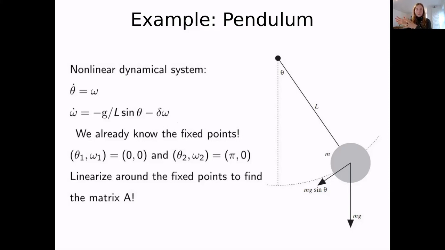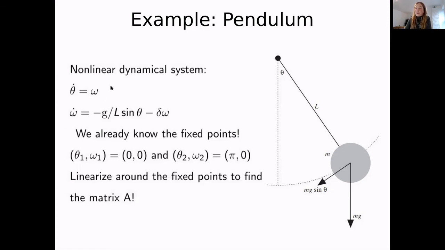So instead of the position, we care about the angle, and instead of the velocity, we care about the angular velocity. So it's not the position that changes, but it's the angle that changes, right? So these are the two differential equations we can write down.